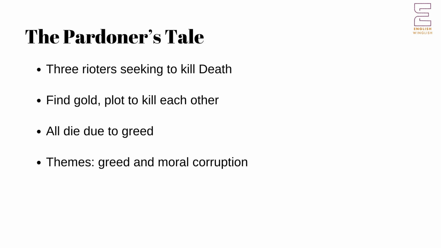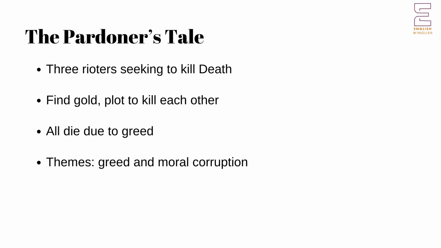The Pardoner's Tale. The Pardoner's Tale is a moral story about three writers who seek to kill death after it claims the life of their friend. An old man directs them to a tree where they find a pile of gold. Greed soon overtakes them and they plot to kill one another to claim the treasure for themselves.